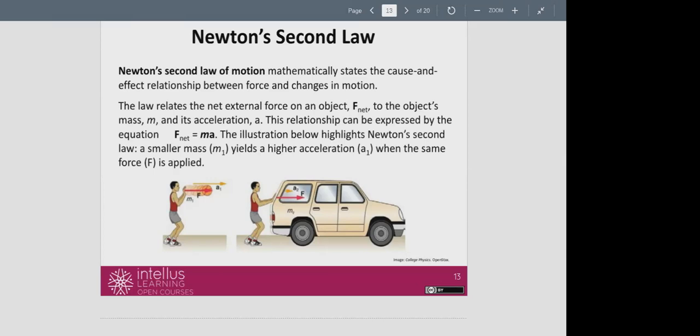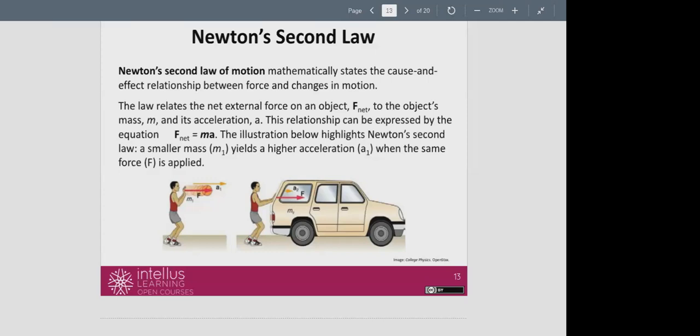You see, Newton's first law establishes the conditions that need to be present in order for an object to change its motion or accelerate. Newton's second law allows us to mathematically calculate the amount of acceleration. So you can see the relationship between net force, mass, and acceleration in Newton's second law, and that is the equation F net equals ma.